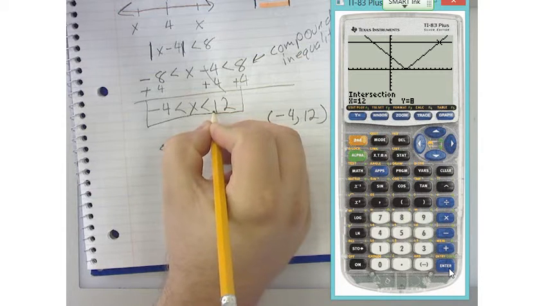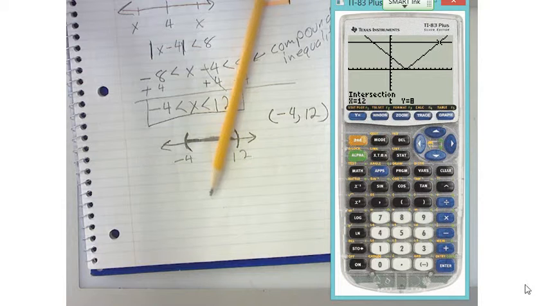Well, because the original function said less than 8. So we're looking for all y values less than 8. Does that make sense? If I come a little bit to the left, to 11.8, what is my y value? Less than 8.